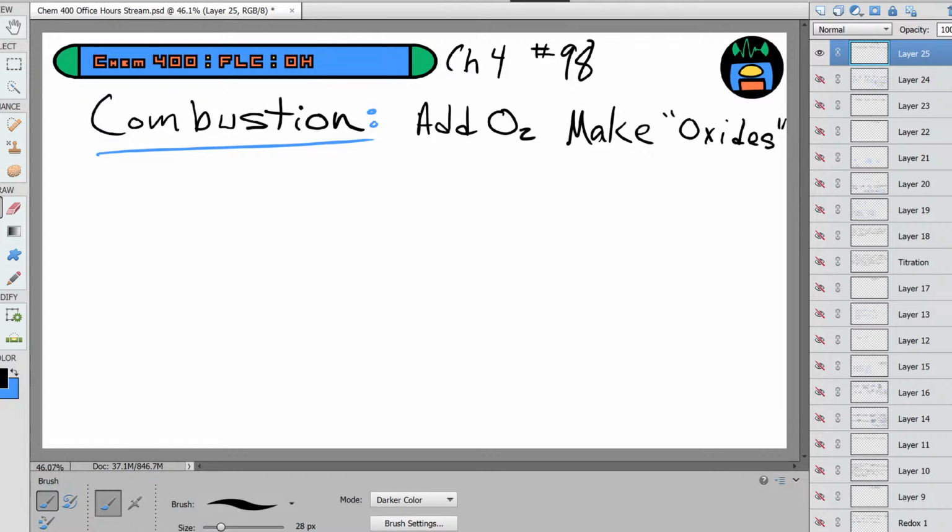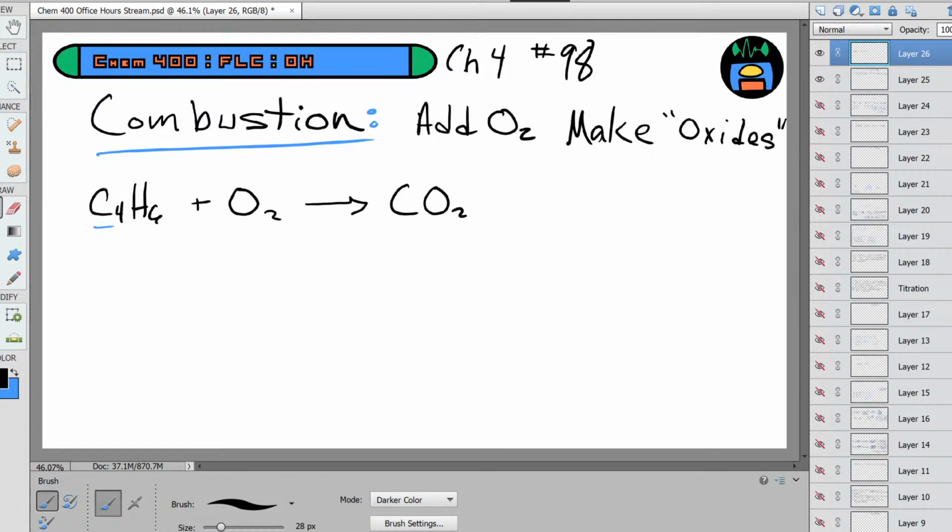What do I mean? Well, an example would be part A of this problem, C4H6. We're going to add oxygen and we're going to make first carbon dioxide.